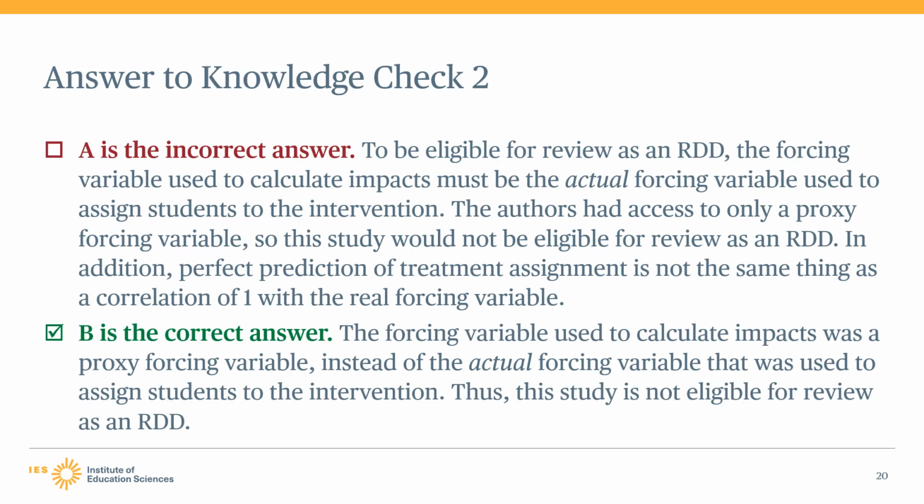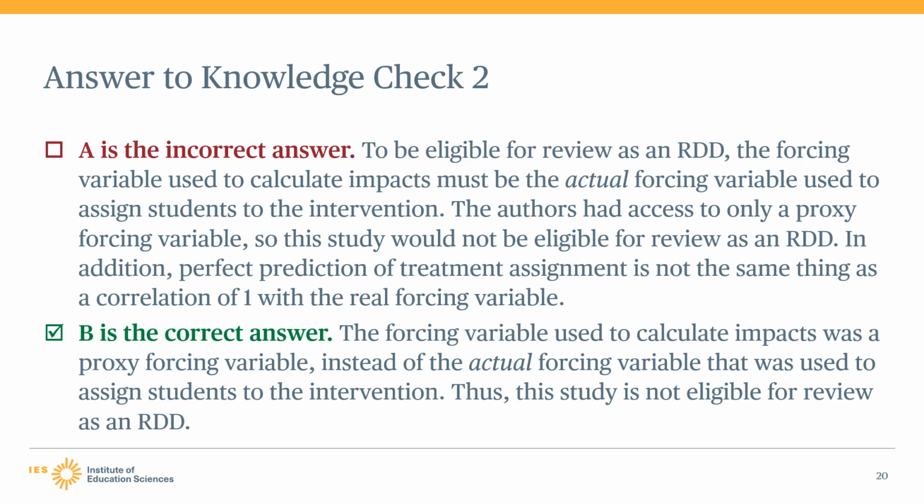The correct answer is B. To be eligible for review as a regression discontinuity design under the WWC's RDD standards, the forcing variable used to calculate impacts must be the actual forcing variable used to assign students to the intervention.